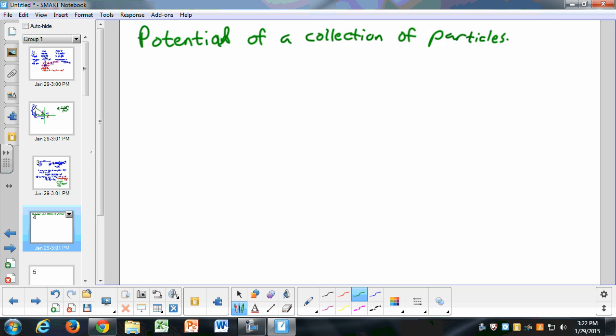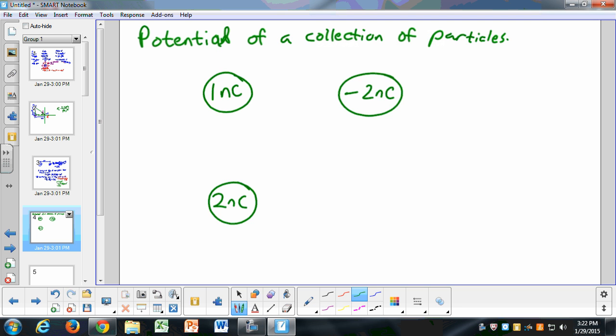So let's say that I have 4 charges: 1 nanocoulomb, 2 nanocoulombs, -2 nanocoulombs, and 3 nanocoulombs. And these are all situated on a square that is 10 centimeters on a side.